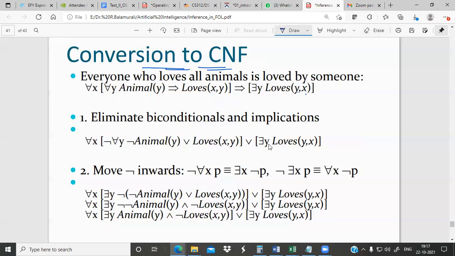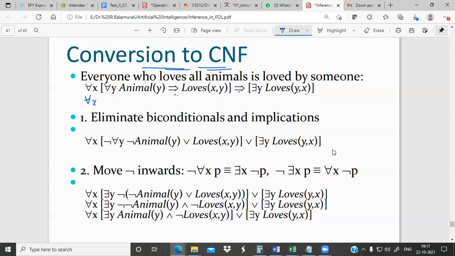First we have to perform something called implication elimination. Let us first remove this implication. If you remove this implication, what will you get?